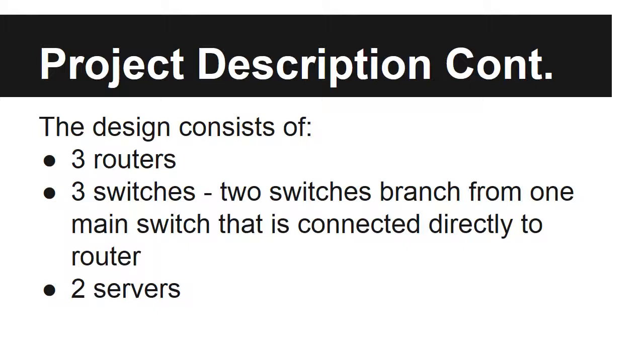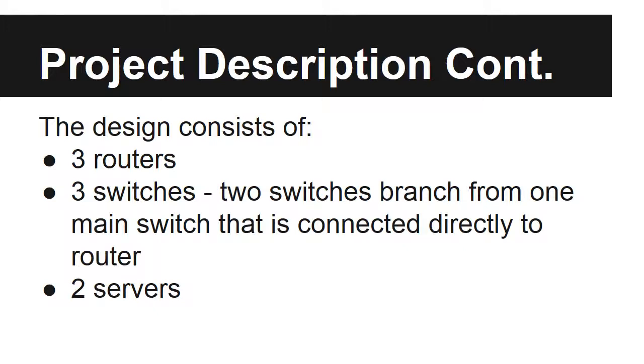The design consists of 3 routers, one router directly connecting to the internet, the second router which connects to the 3 switches in the network design, and the third router that connects the remote host to the network.